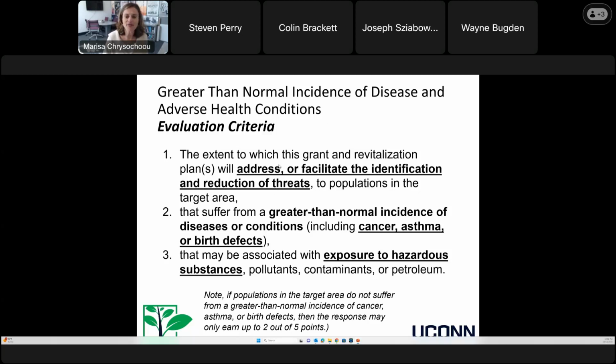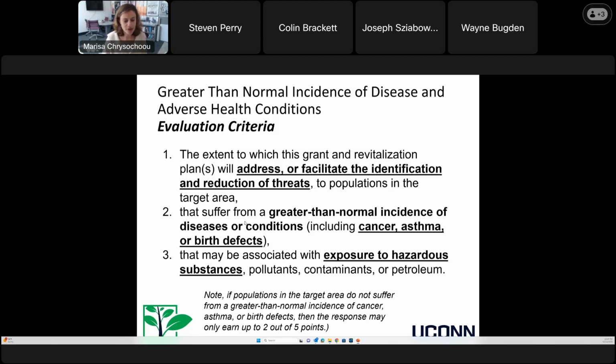You may have a similar statement in other sections as well, but it doesn't matter because this sentence appears in the evaluation criteria of this section. You should have a sentence that talks about how your assessment grant or cleanup grant will promote finding out what pollutants are there and then removing those threats to the populations.